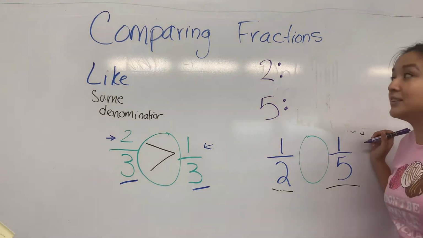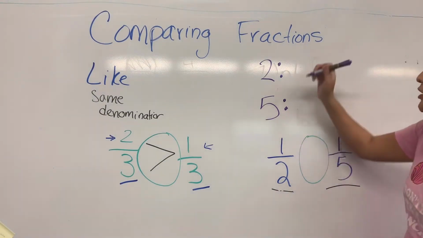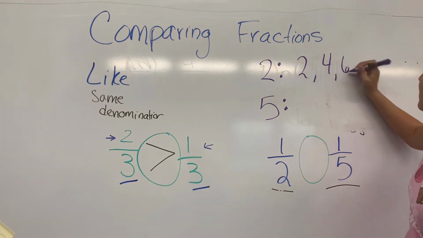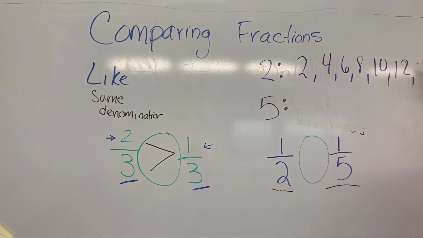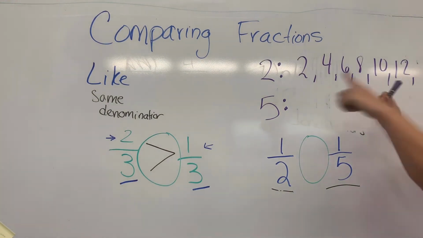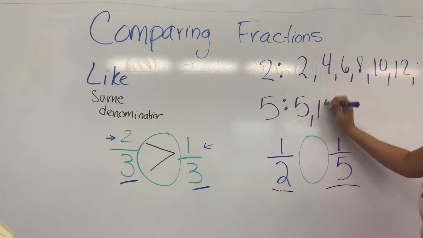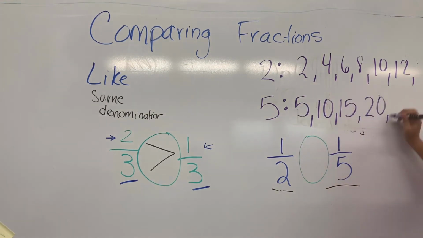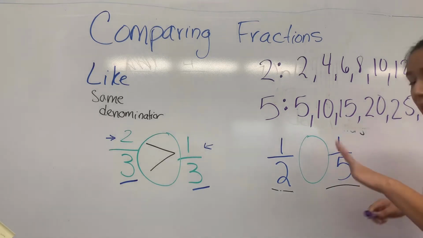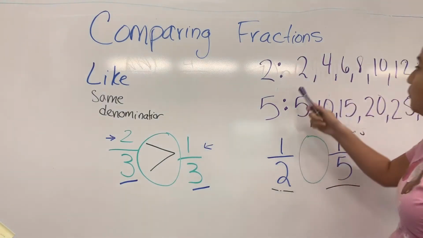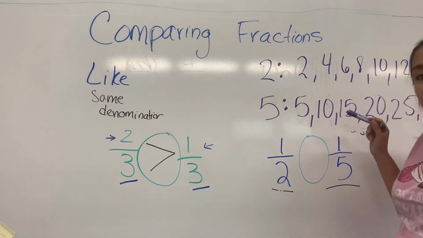If you don't know how to skip count, you just count by that number. So 2, 4, 6, 8, 10, 12, and then the next one, 5, 10, 15, 20, 25, 30. You can go as far as you want. I only write the first 5, but I wrote more than 5 for you.